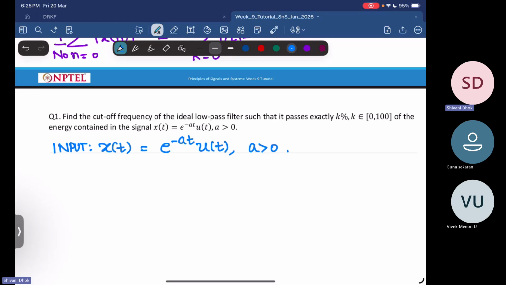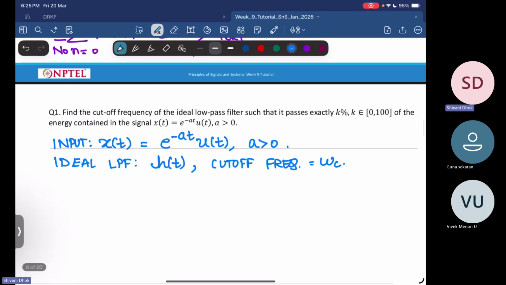So the Fourier transform exists. This is input to an ideal low pass filter with impulse response h of t and cutoff frequency omega c.